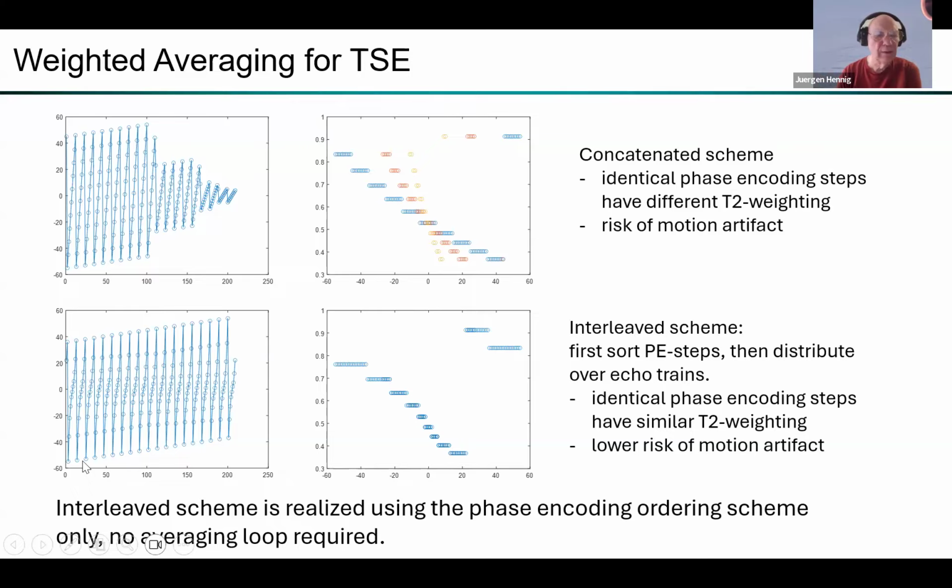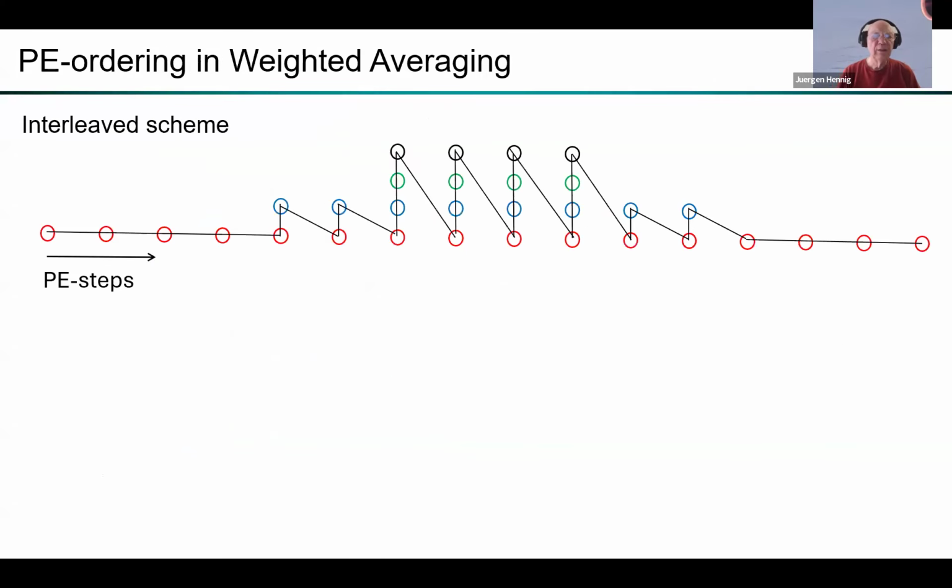So what I did is I just resorted the whole number of phase encoding steps and then redistributed them to individual echo trains. This way, adjacent points in K-space are sampled at close echo times, and you get a smooth K-space filter along the echo train. So the sampling proceeds like that, not one average after the other, but you sample like that.